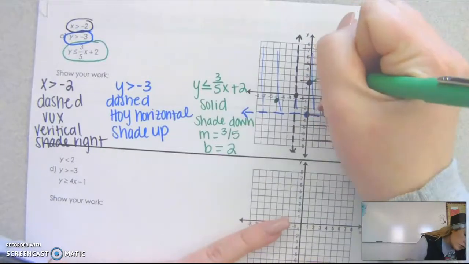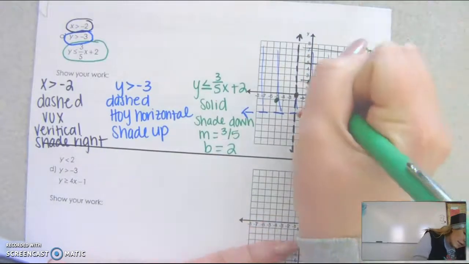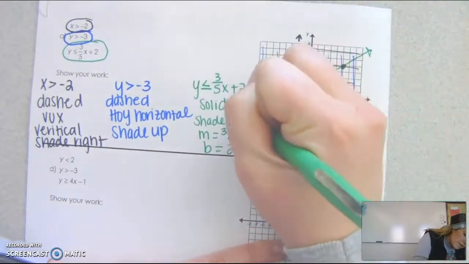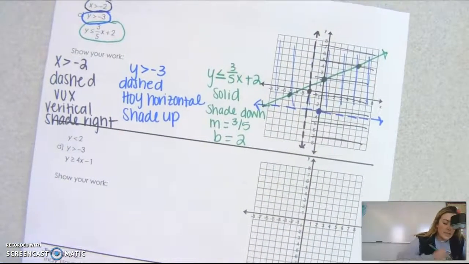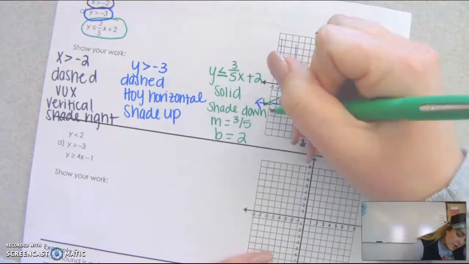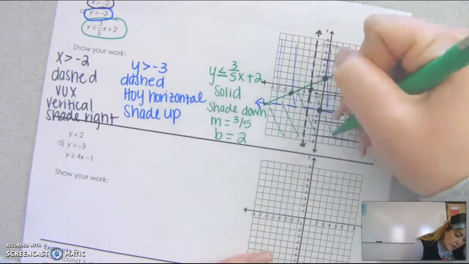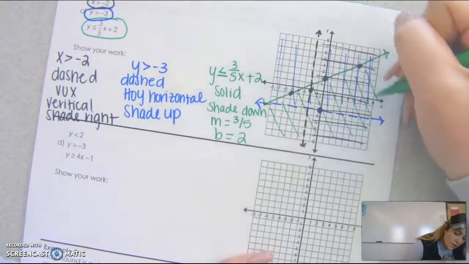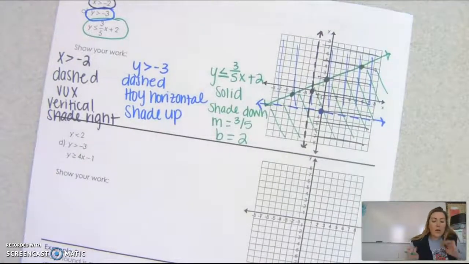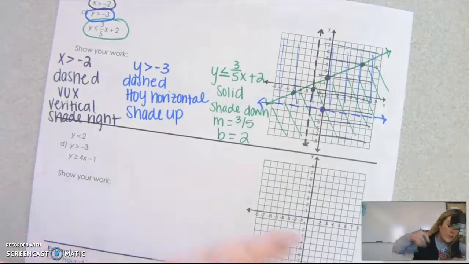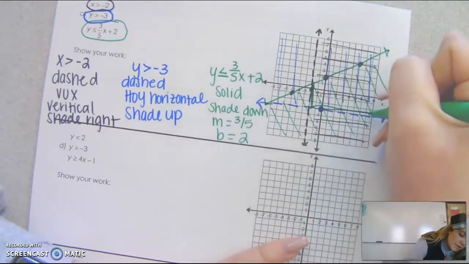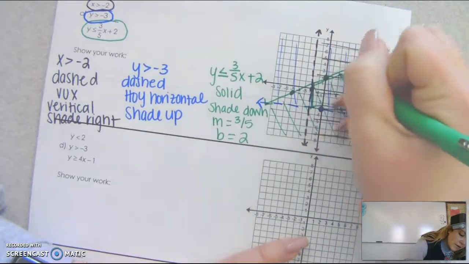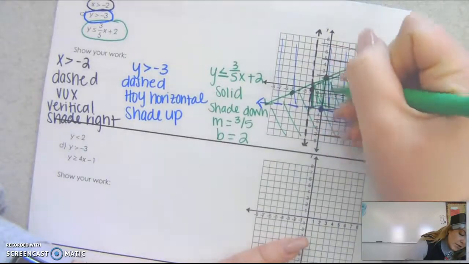Then I'm going to draw in my solid line. And I stated that I needed to shade down. So my answer is where all 3 of these colors overlap, that's going to be right here. And I'm going to make that dark so that you guys can see it.